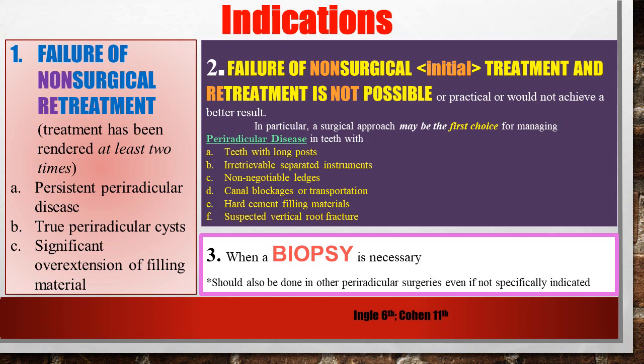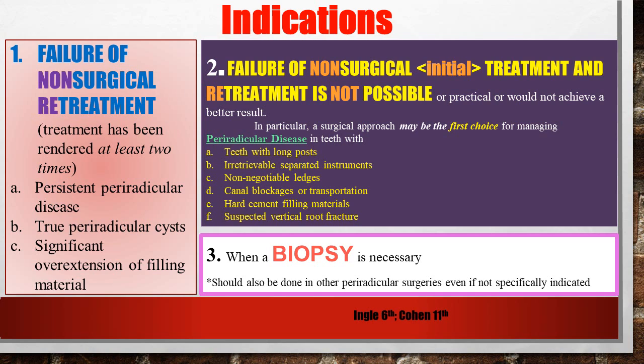Irretrievable separated instruments. So if a file has separated in the canal and it is compromising your cleaning and shaping, or you feel that the file has gone beyond the apex, yes, we may have to perform surgery if we are not able to retrieve it. Ledges have been created during your cleaning and shaping which are non-negotiable.